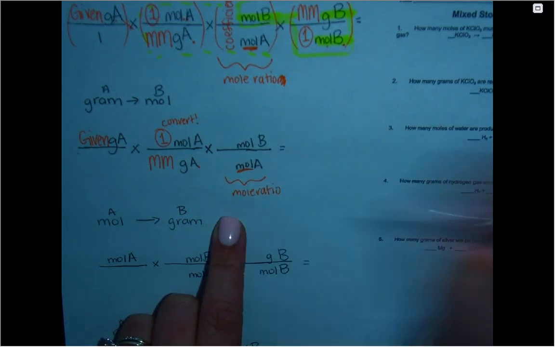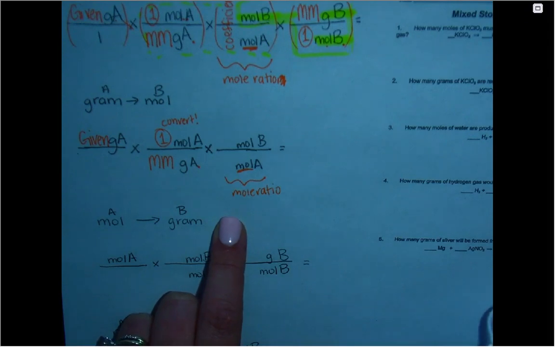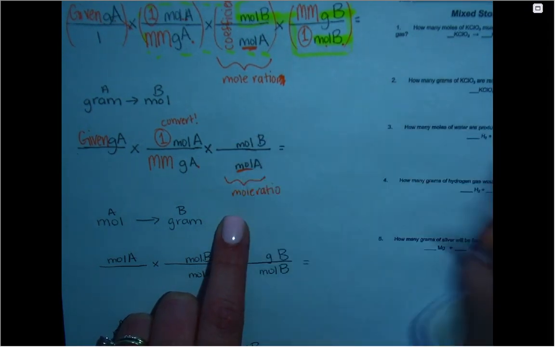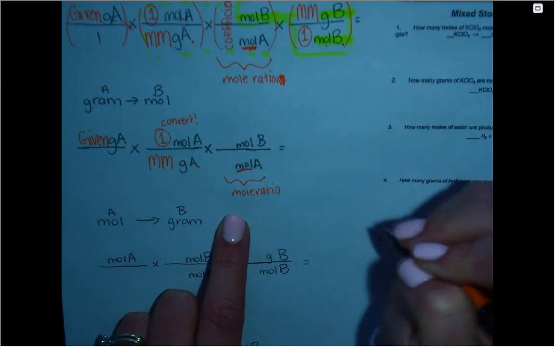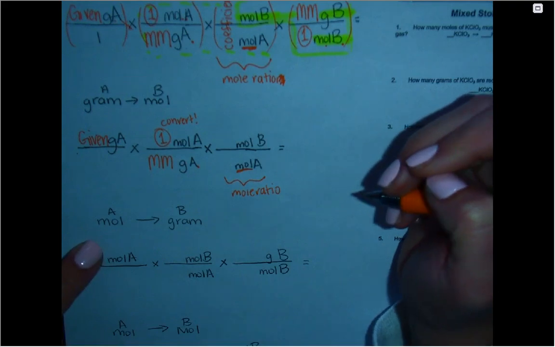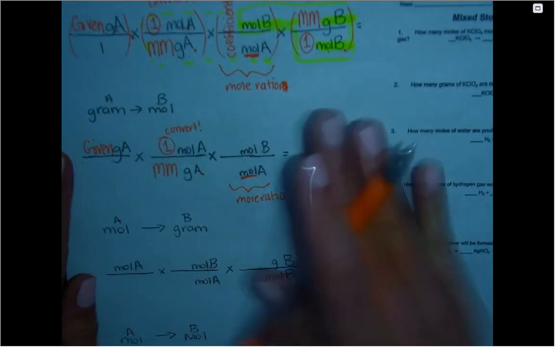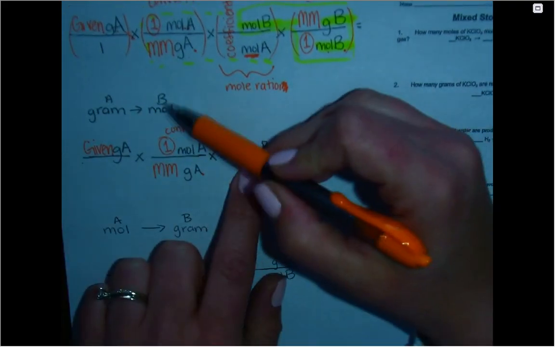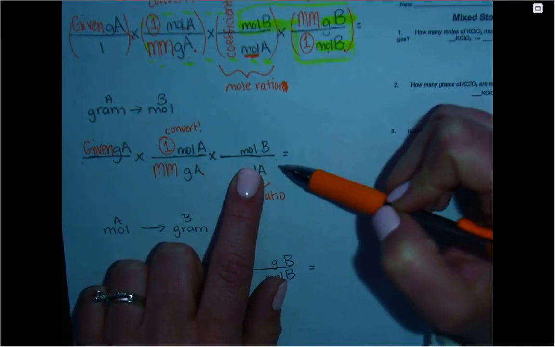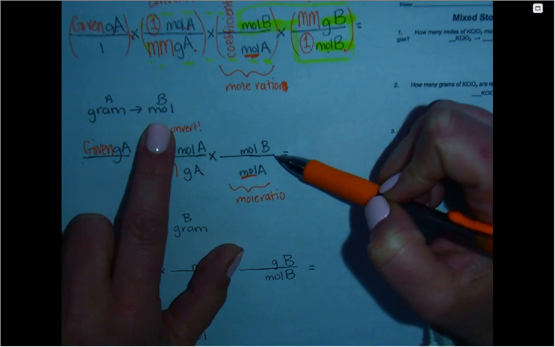Where are we going to pull those numbers from? What's the word? Coefficients. Good. I'm not going to write it again, but you guys can write it on yours if you want. All right, so your coefficients again. That's it, and that would be where you stopped because you got moles of B on the top. Do you see that? You stop when you get what you want on top.